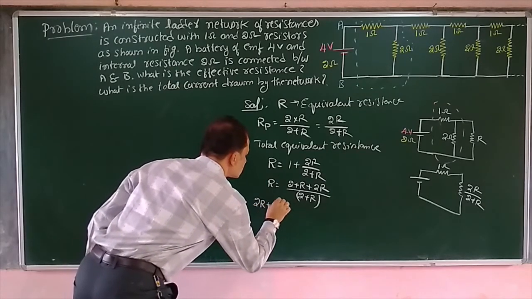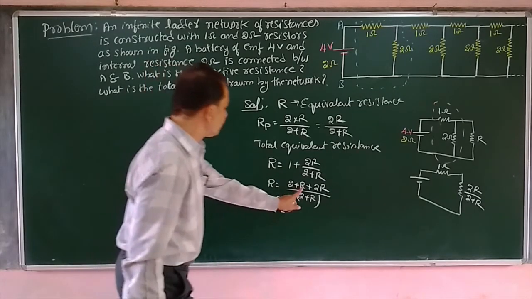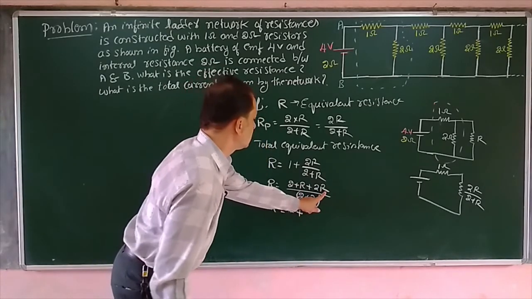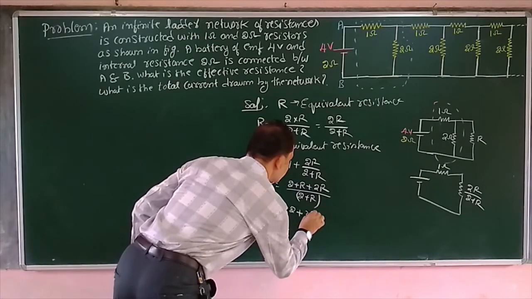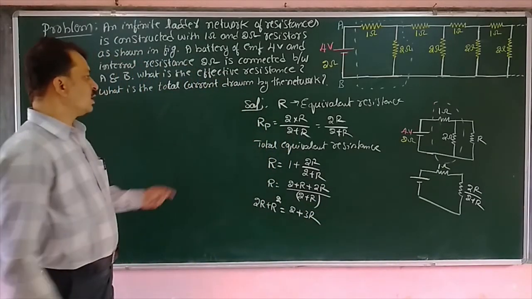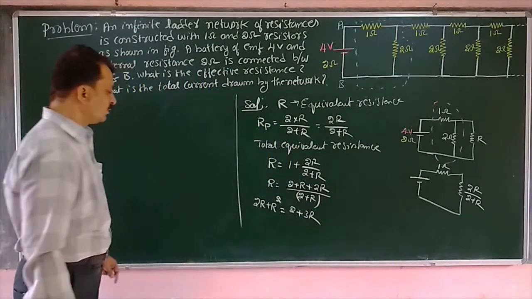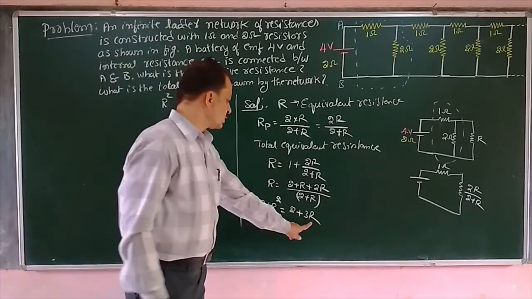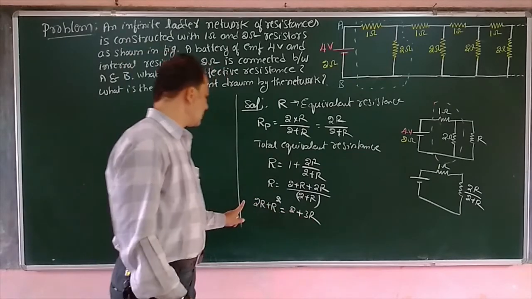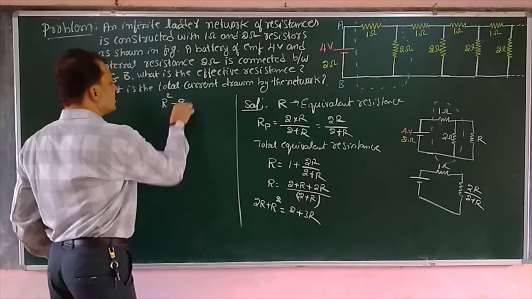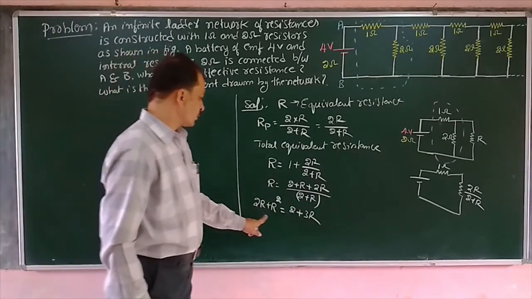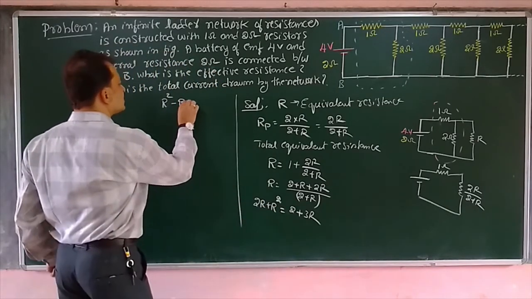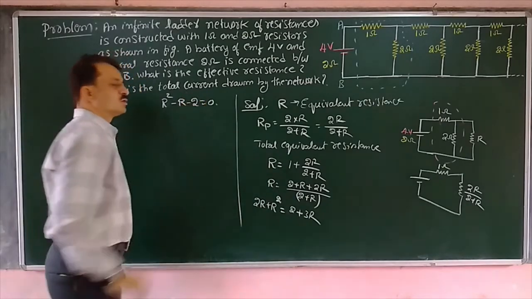2R plus R square is equal to 2 plus 2R plus R, it is 3R. Now taking all the terms on the left hand side and simplifying, R square, minus 3R plus 2R is minus R, and the plus 2 taken to the left hand side becomes minus 2, is equal to 0.